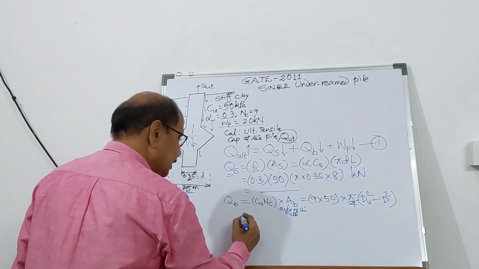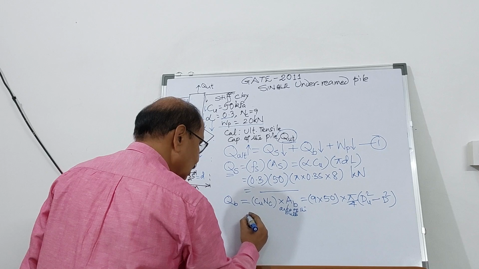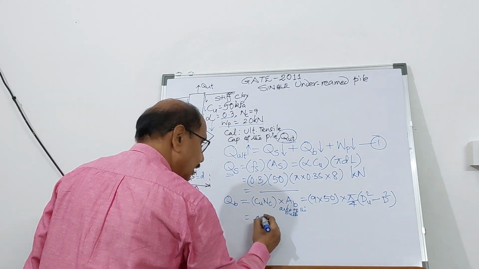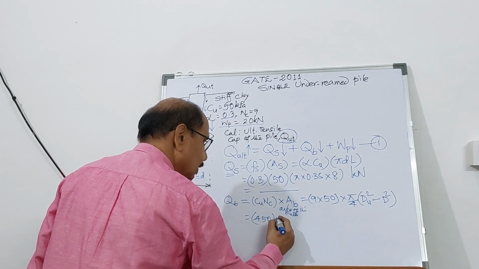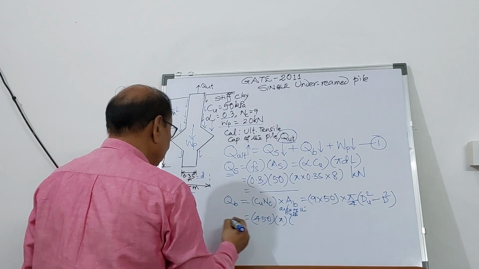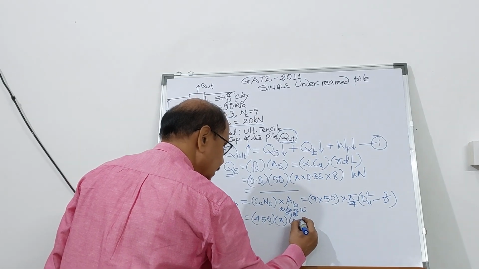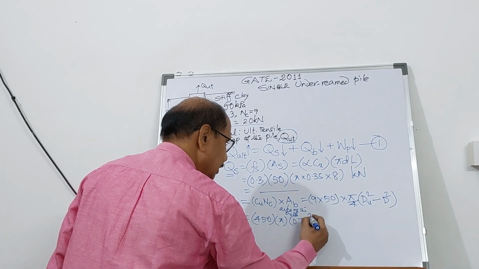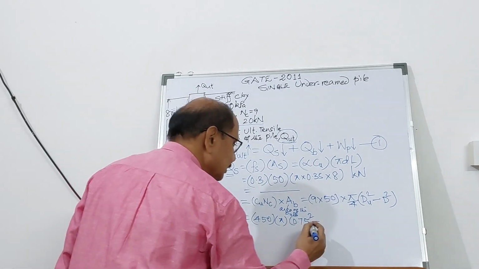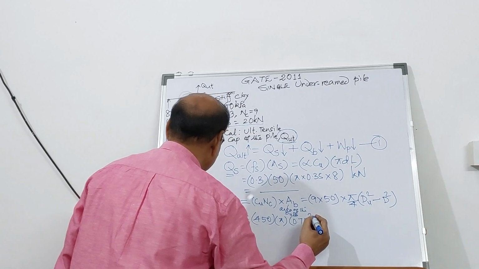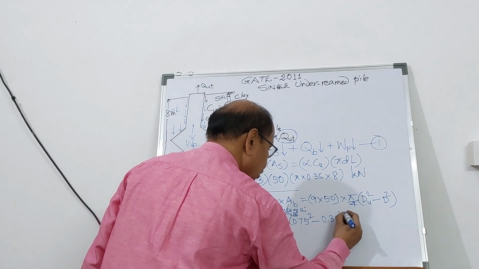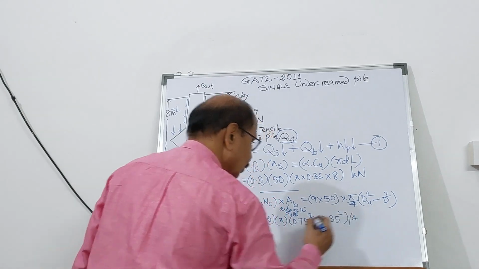So I can easily substitute all the values and calculate it. This is going to be 450 into pi into (0.75 meter square minus, this should be deducted, the shaft diameter, 0.35 meter whole square) divided by 4.